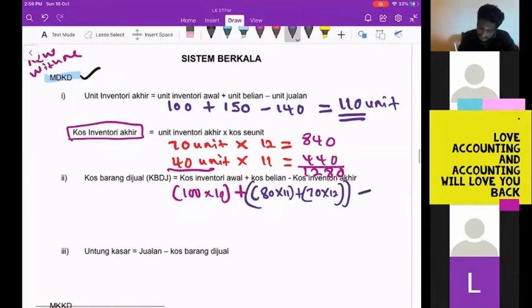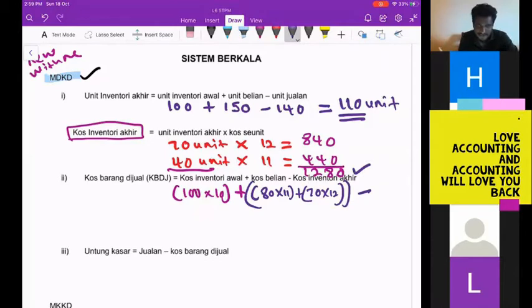Then minus inventory akhir. Can anybody tell me how much is my inventory akhir? 1280. Very good, you're following me. That's why we use the long calculation just to get the answer. Very good, everyone. Okay, 1280.